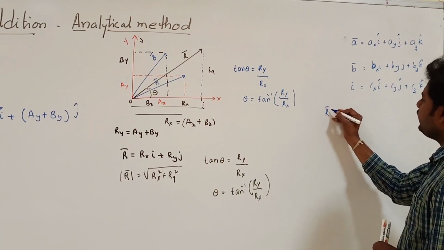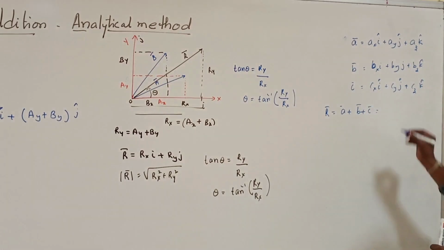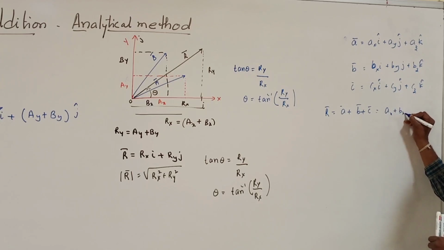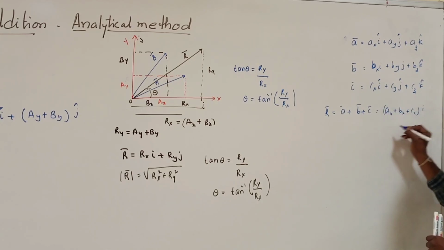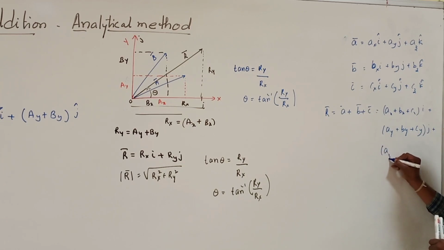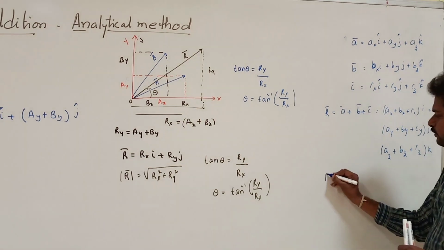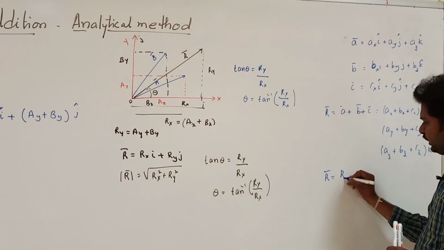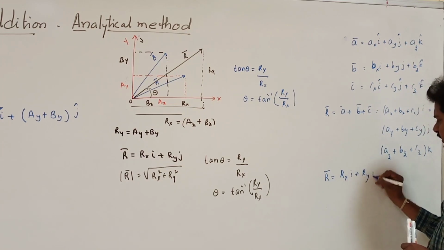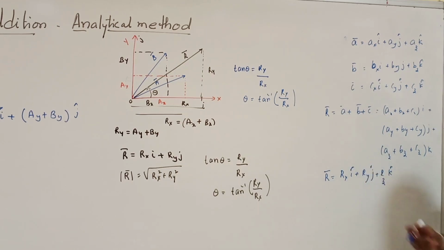Now R vector is equal to, let's say, A plus B plus C. How do we write it? Ax plus Bx plus Cx i, plus Ay plus By plus Cy j, plus Az plus Bz plus Cz k. Similarly, we write R vector as Rx i plus Ry j plus Rz k. So, not only two vectors, we can add more than two vectors also.